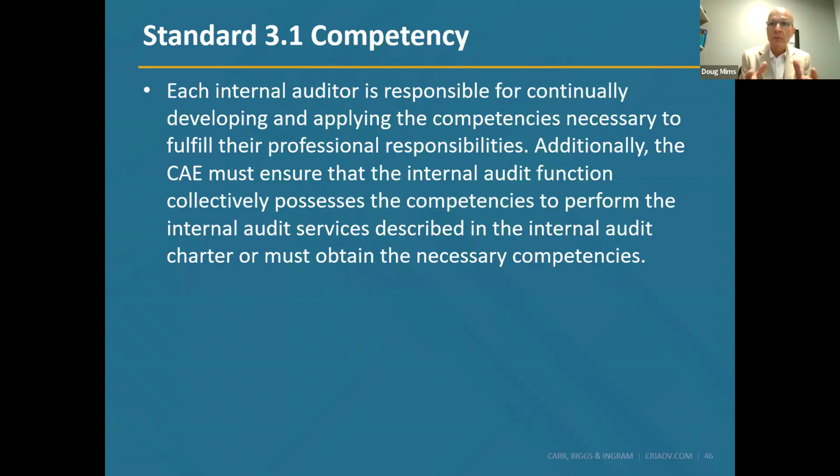Note, though, that doesn't mean all that expertise is within the internal audit function, because this also presumes, as it should, that the CAE can reach outside the organization. So if you don't have the cybersecurity skill set on staff to do what needs to be done, you can reach out to a professional services firm to help co-source. So this considers in-house and external resources.